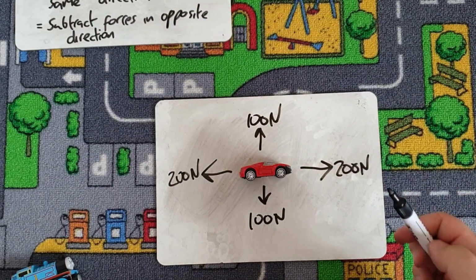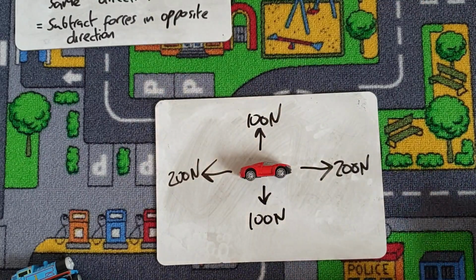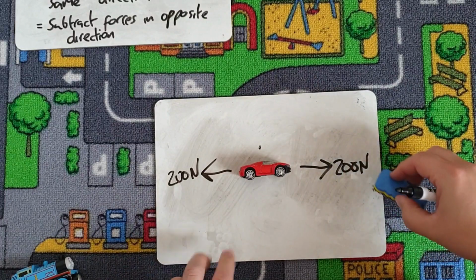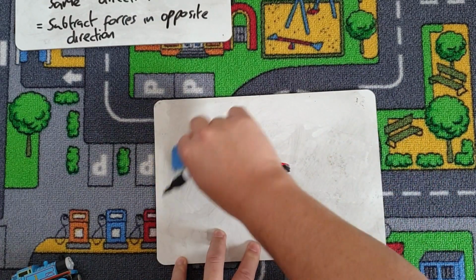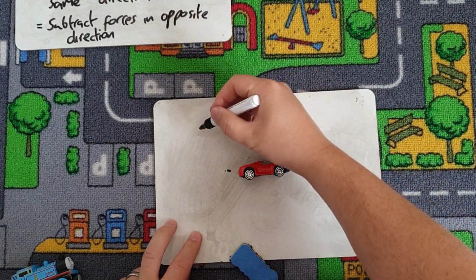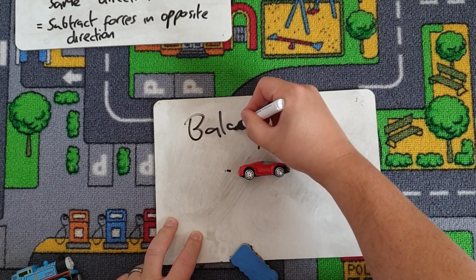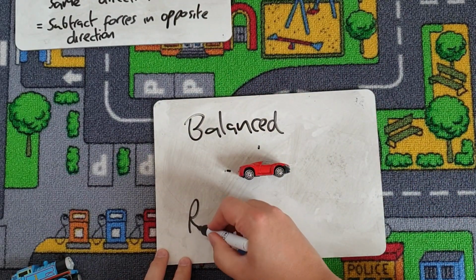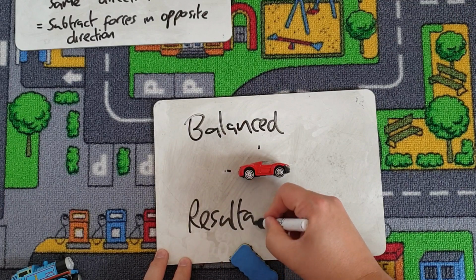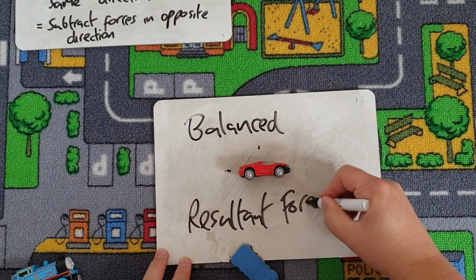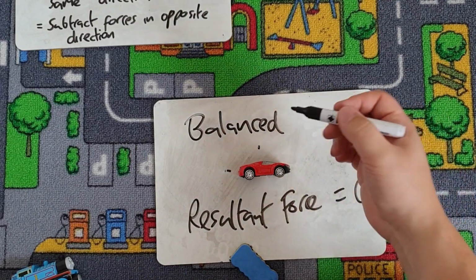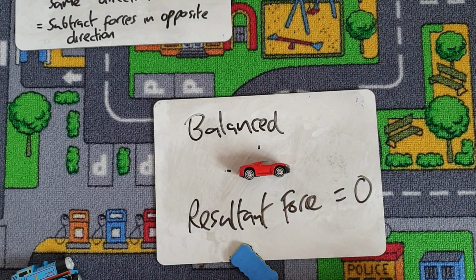They all cancel out, so 100 minus 100 equals 0, so that direction cancels. 200 minus 200 is 0, so that direction cancels. So you would say that was an example where the forces were balanced, because the resultant force equals 0. And if there's no resultant force, it means the forces are balanced.